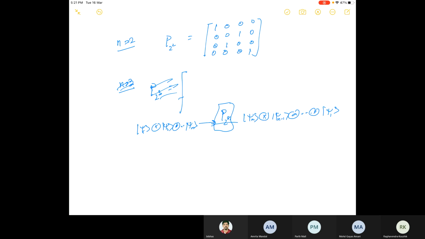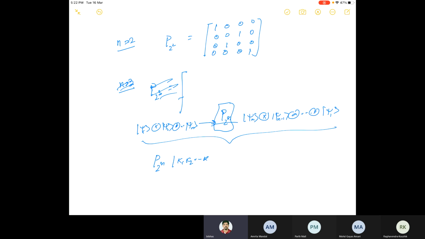Now what we are trying to say here is that P to the power n applied to k1 k2 dot kn, we'll come back to this, should also reverse all possible qubits. It need not be just the standard basis, but if it can do it for the standard basis, that is enough.